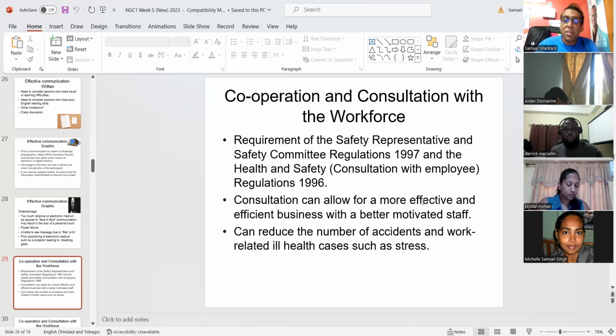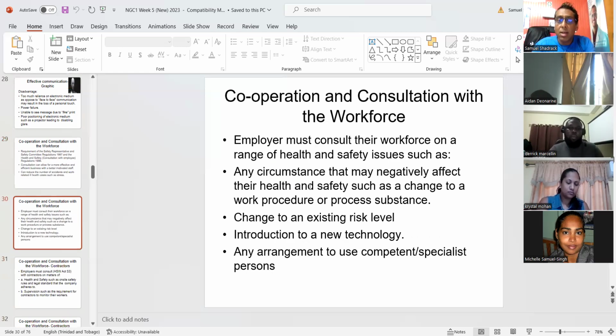Consultation can allow for a more effective and efficient business with better motivated staff. Consultation can reduce the number of accidents and work-related ill health cases, such as stress. The heading is cooperation and consultation with the workforce. Employers must consult with their workforce on a range of health and safety issues, such as any circumstances that may negatively affect their health and safety, such as a change to a work procedure, process or substance.